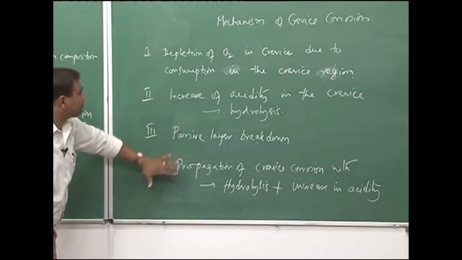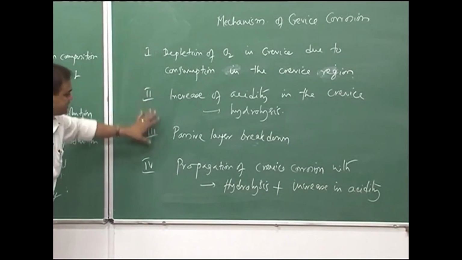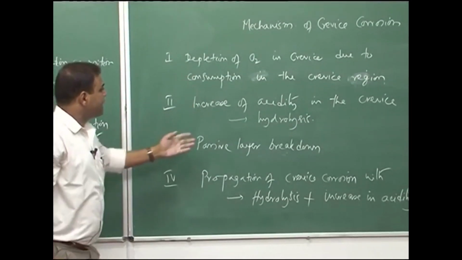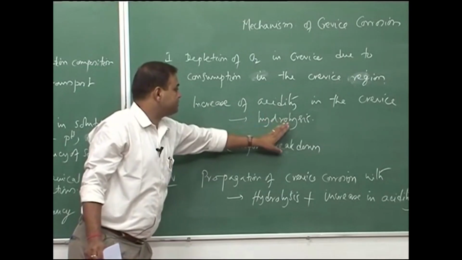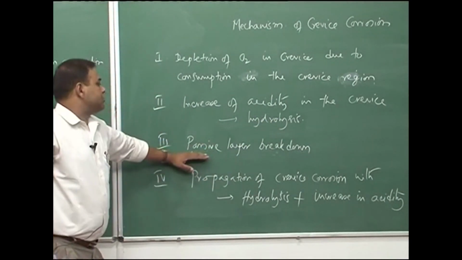So, these are the four different stages for crevice corrosion. We will now see in detail what are the reactions at different stages and how we have the increase in acidity as well as hydrolysis related phenomena, and then breaking down of passive film.